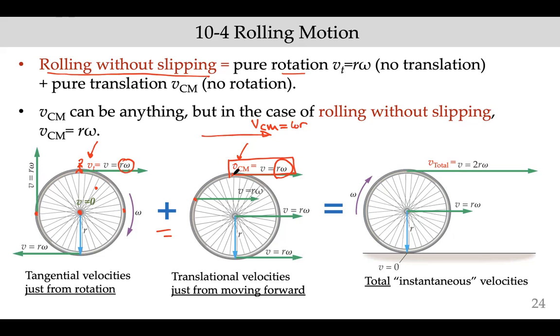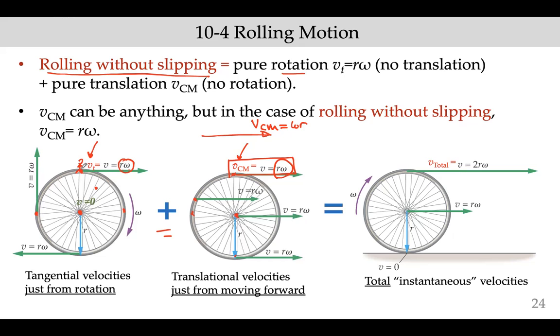Every part of this bicycle wheel is moving with the same VCM in the forward direction. Now we are going to combine them. At the top point, we will add velocities. At the bottom point, we will add velocities. And also at the middle point, we will add the velocity contributions coming from both rotation and translation.